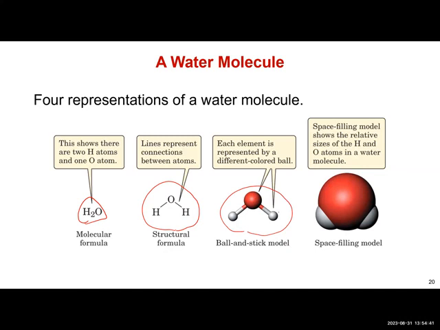So we use those models to describe the structure of atoms. This one is called a space filling model. This is the oxygen electron distribution in the oxygen atom. That's the hydrogen, two hydrogens. So we use these types of representations to show different types of structures.